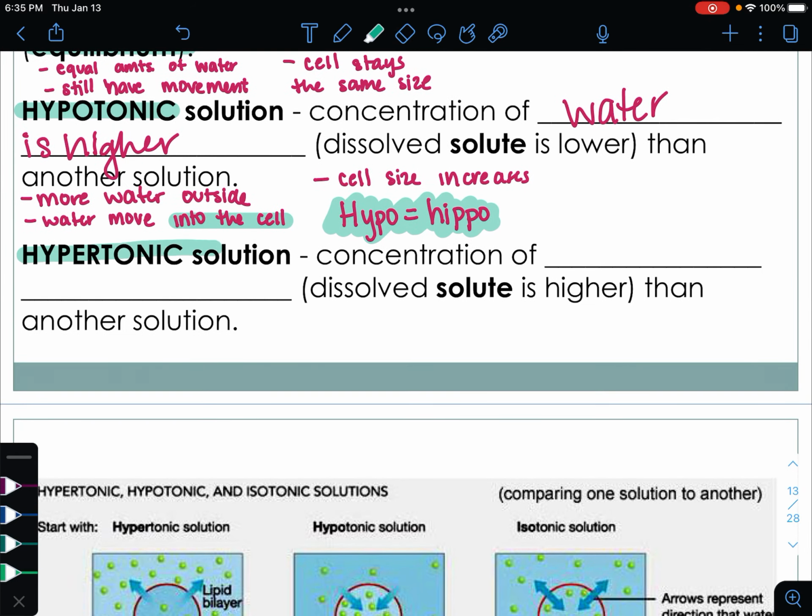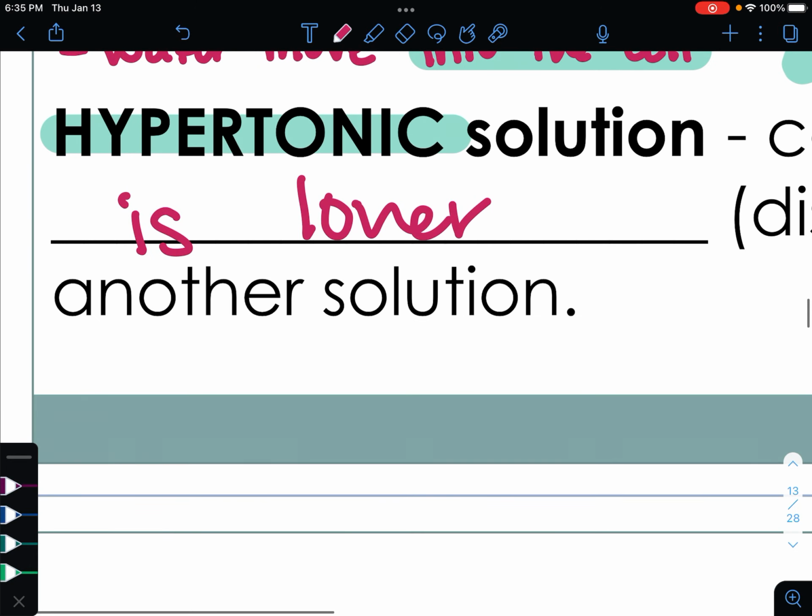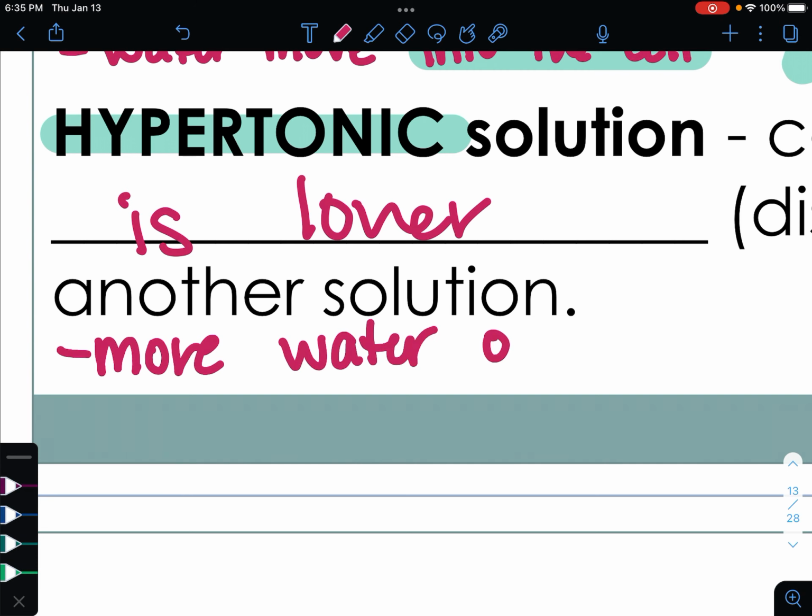All right, our last kind of solution, guys, is a hypertonic solution. And in this case, we're talking about the concentration of water is lower when compared to another solution. Right? So this example, we're talking about more water on the inside.